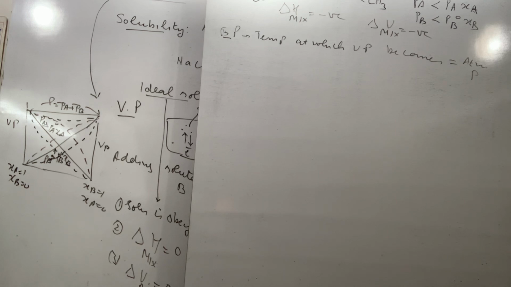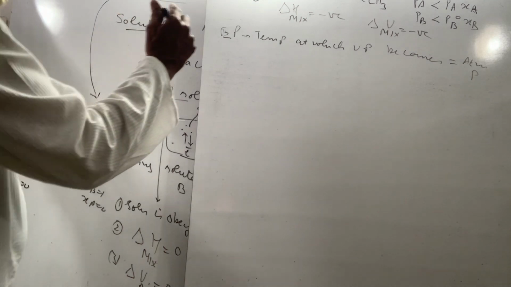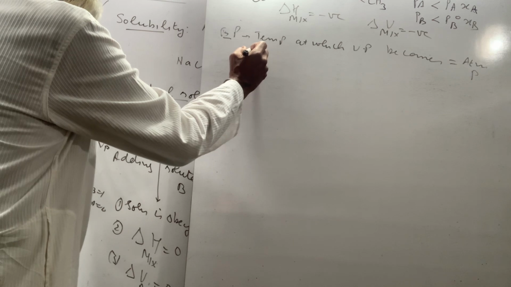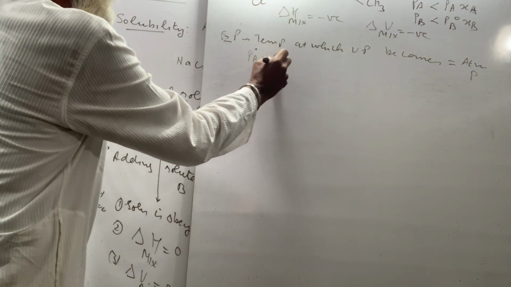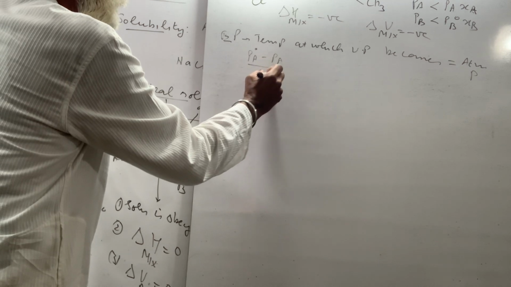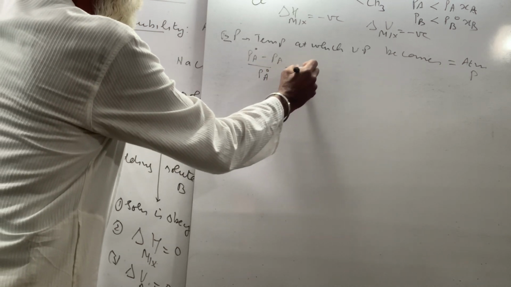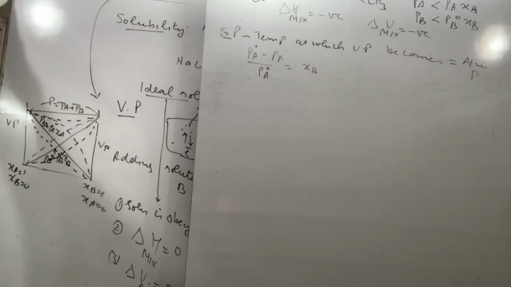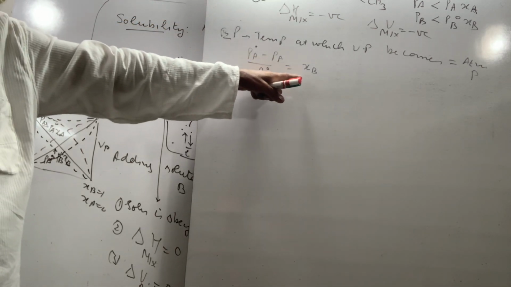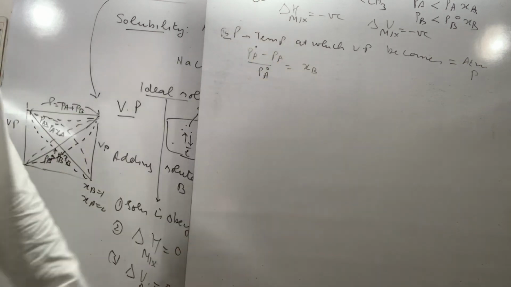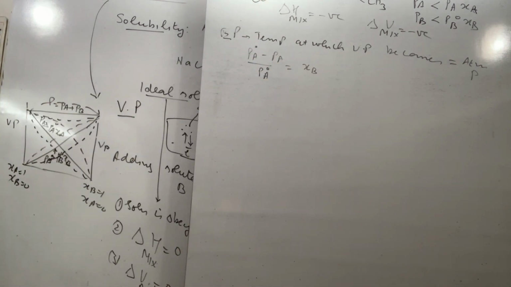Now we have already seen, for example, here you are having (PA naught minus PA) upon PA naught is equal to XB. Relative lowering of vapor pressure is equal to mole fraction of solute. So relative lowering of vapor pressure is a colligative property.